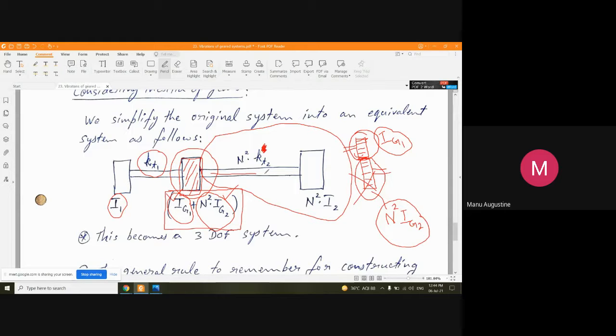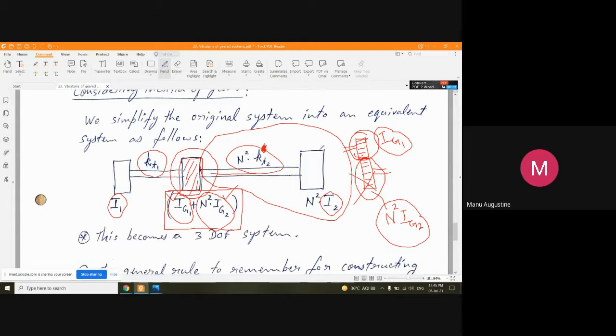So to replace the shaft on the second or driven side with an equivalent shaft, you have to multiply it with n square. So n square KT2 gives you the value of stiffness of the equivalent shaft on the driven side. And similarly, the rotor on the driven side was having an inertia of I2.